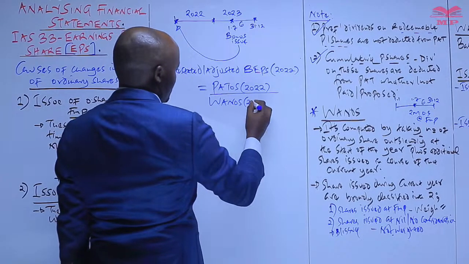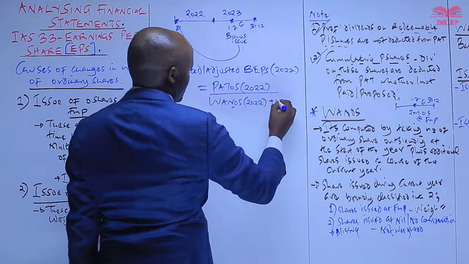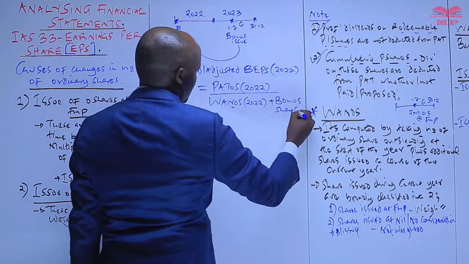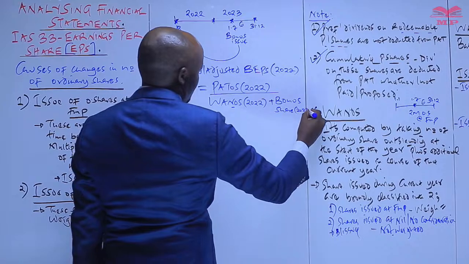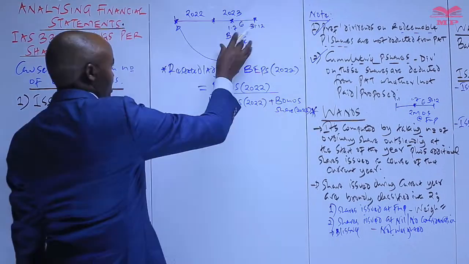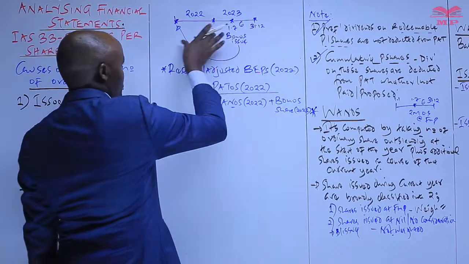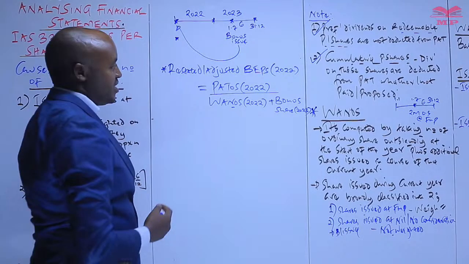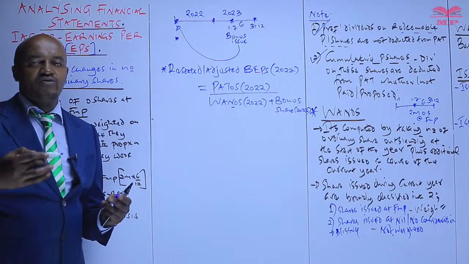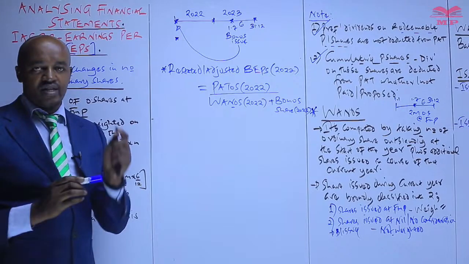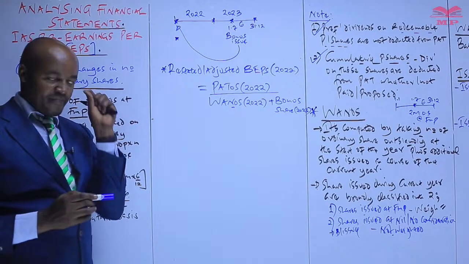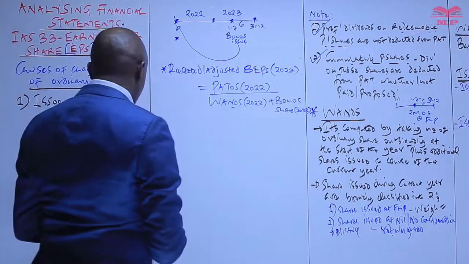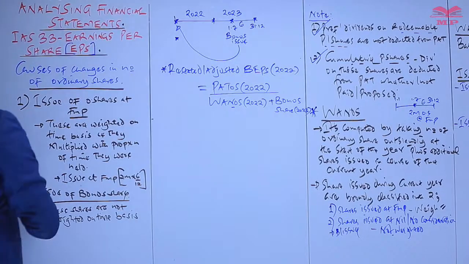But now to this particular one-offs, what we do, we add the bonus shares issued in the year 2023. Simply because we are saying these shares were not issued in this year, but we assume they were issued at the start of 2022. So what you do, you have to adjust. You have to restate or to compute afresh the earnings per share of the previous year. So that's how we deal with the bonus shares.